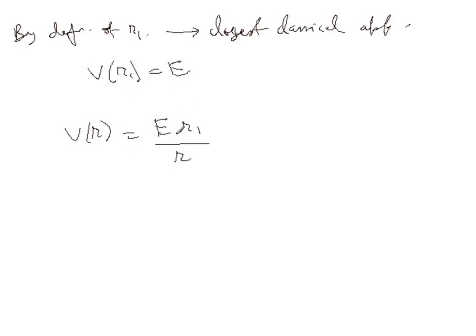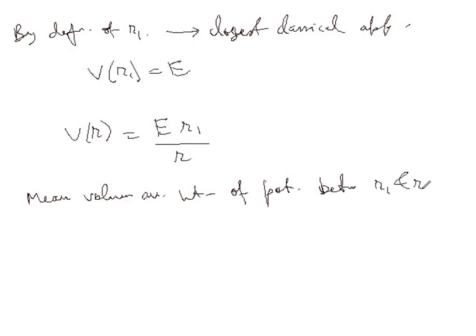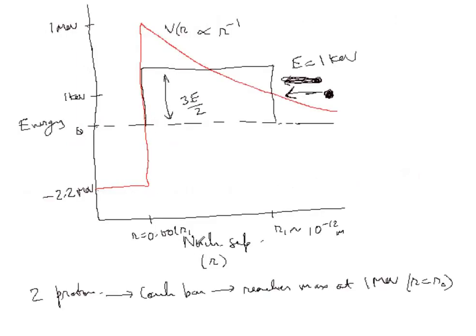Then the mean volume averaged height of the potential between R1 and R0. And what is the value of R0? Again, refer to this picture. Here I am talking about the lower values.